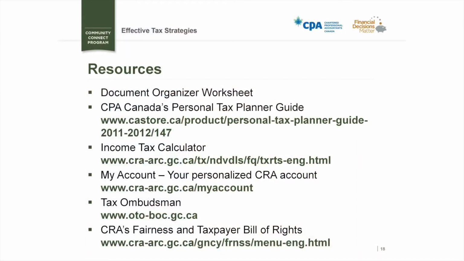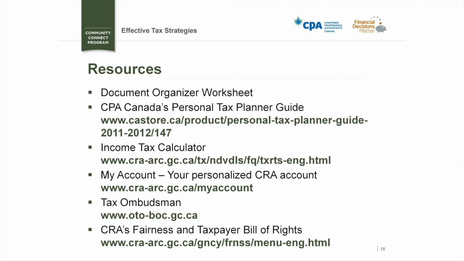Some very valuable resources. We have a document organizer that will help you capture all your tax information. It's the best way to make sure that you've taken all your deductions and reported all your income accurately. We have a tax planning guide at the CICA that I think you'd find very valuable. There's also, the CRA has some wonderful tools.